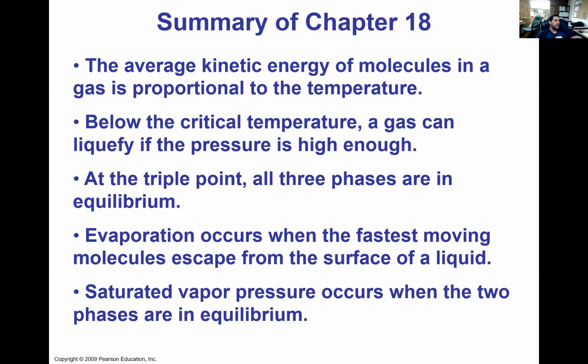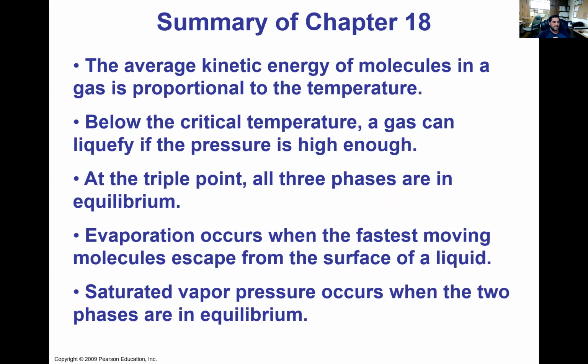Average kinetic energy of molecules in a gas is proportional to temperature. Below the critical temperature, a gas can liquefy or condense if the pressure is high enough. Triple point is where all three phases of matter can coexist in equilibrium. Evaporation occurs when the fastest moving molecules escape from the surface of a liquid.